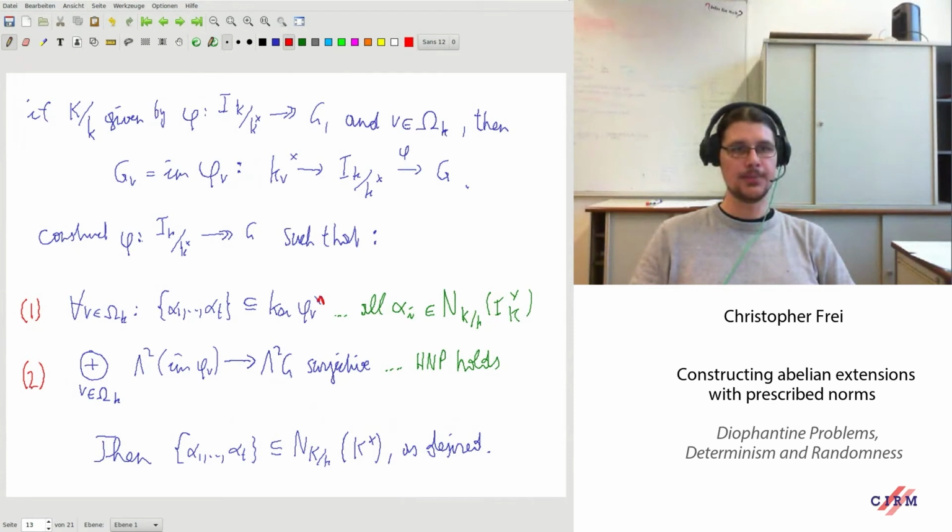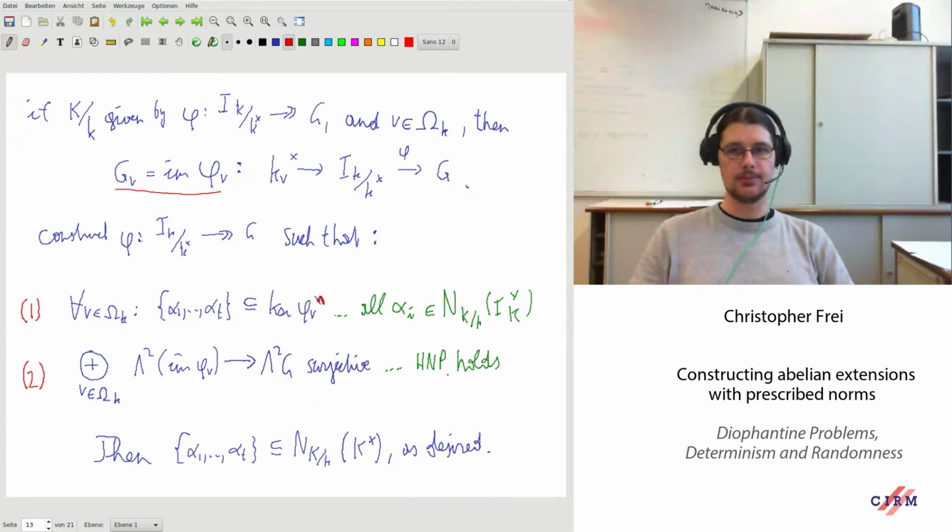And the second condition is the one that we get from Tate's criterion for the Hasse norm principle. It says that the natural map going from the direct sum of these exterior squares of the images of phi_v, because the images of phi_v are just the decomposition groups, as we worked out here, to the exterior square of G, should be surjective.